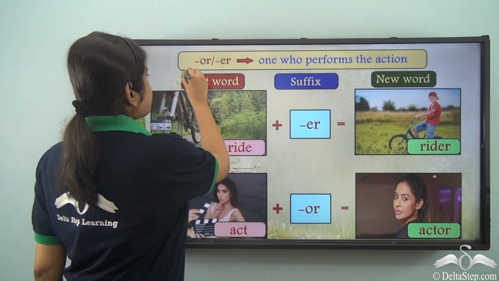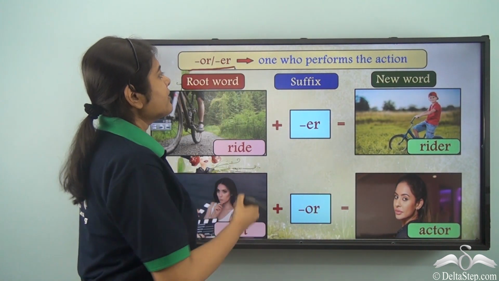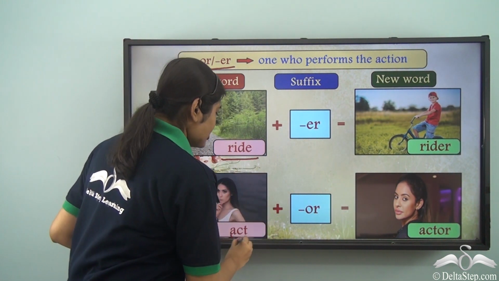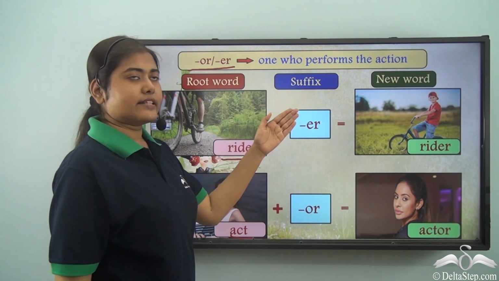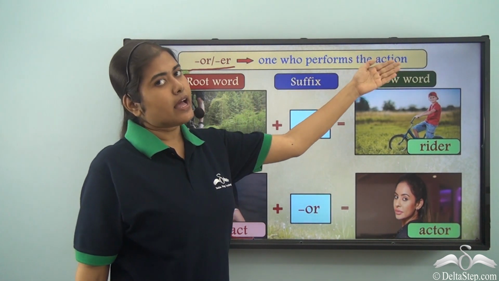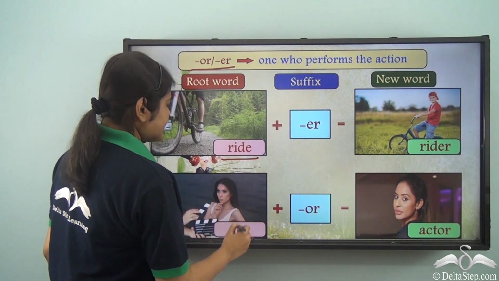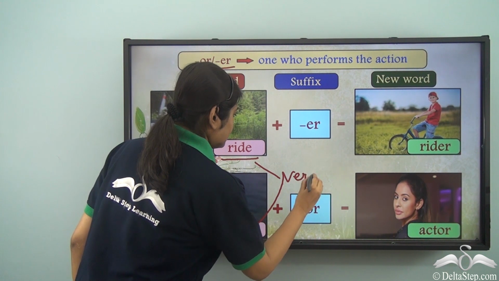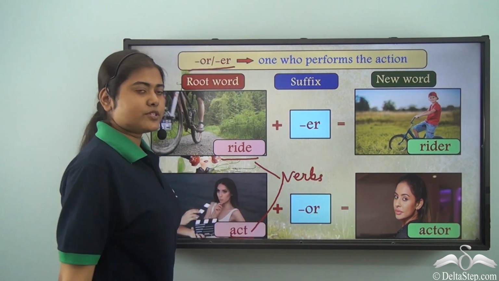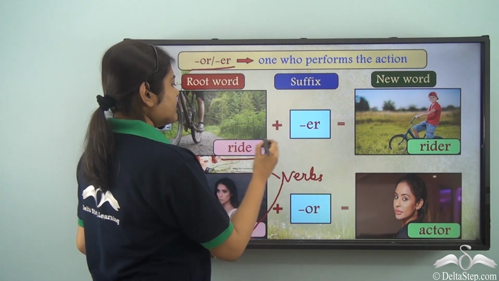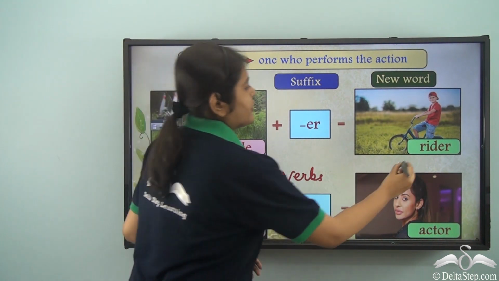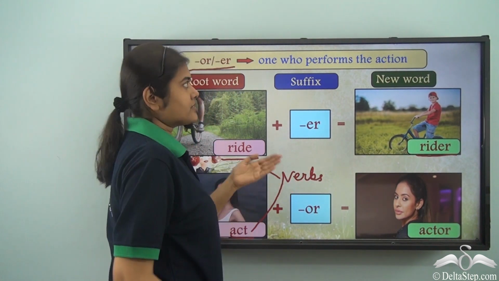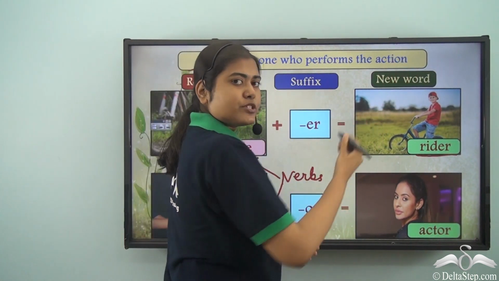Now, the suffixes or or er when added to a verb such as ride or act gives us the sense of who is performing the action. So here ride and act are verbs, and when I add er to ride, I get rider. So this means one who rides. So as you can see, one who performs the action.